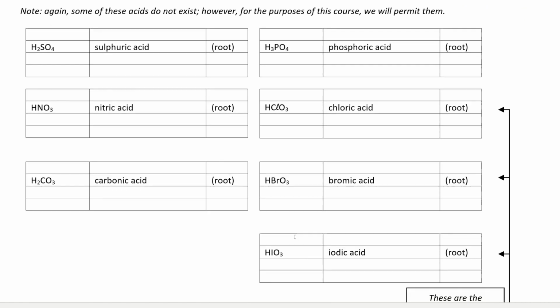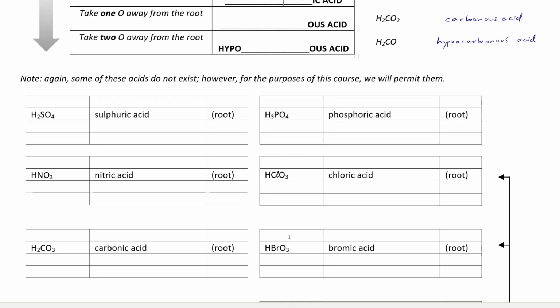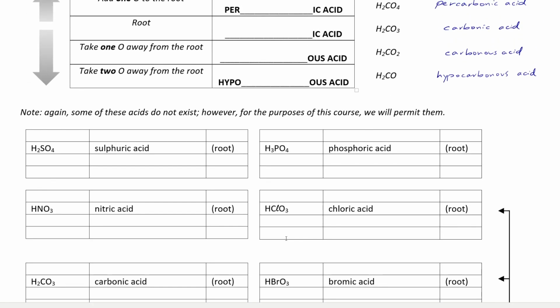In this table here, you have a whole bunch of boxes, and it's basically asking you to do the same thing. Sulfuric acid is your root. You add an oxygen to that, and that would be persulfuric acid. You take an oxygen away, and that would be sulfurous acid.